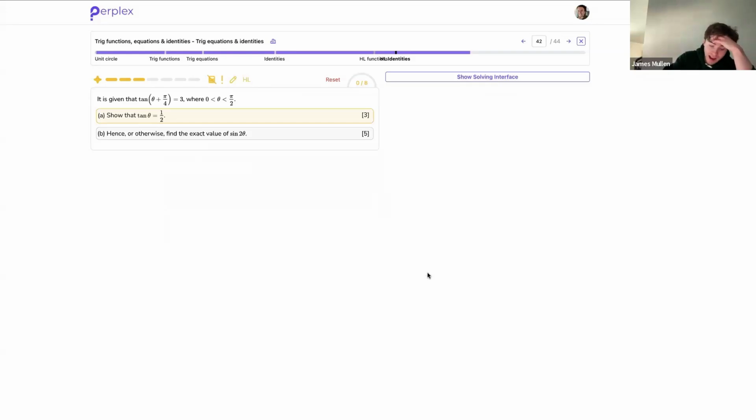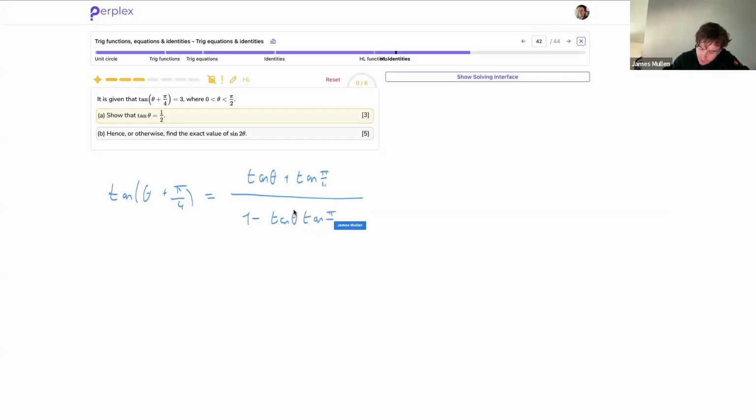I have tan of theta plus pi over 4 is equal to 3, okay? And I'm looking for tan of theta plus pi over 4, and I can write that using the identity as tan of theta plus tan of pi over 4, all divided by 1 minus tan of theta tan of pi over 4.